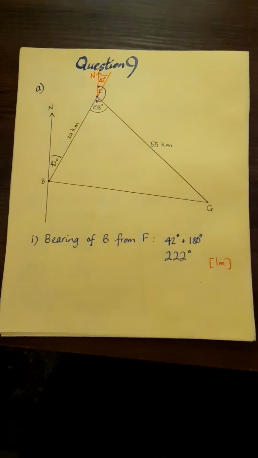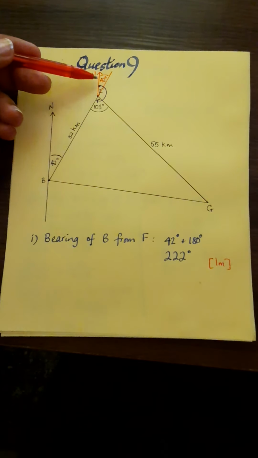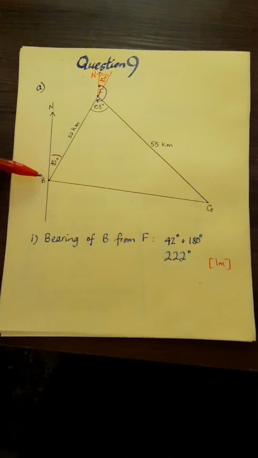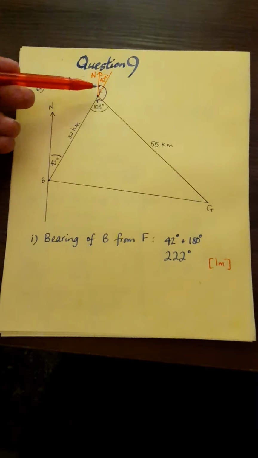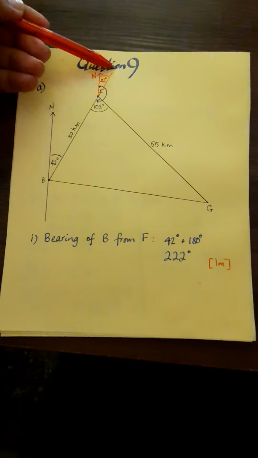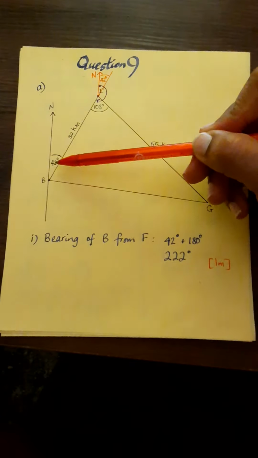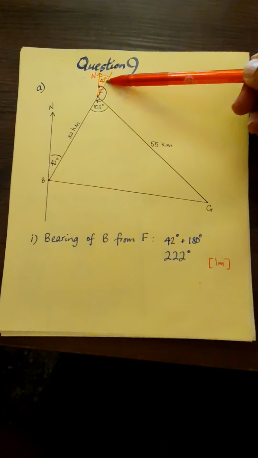The thing about bearings is that bearings are angles that are measured from the north line in a clockwise direction. So you must first put this north line right straight up. It is assumed to be perfectly vertical even when you draw it. To get that angle marked in, I have extended the line BF, and that allowed me to use corresponding angles, because this angle will correspond with this one up here.